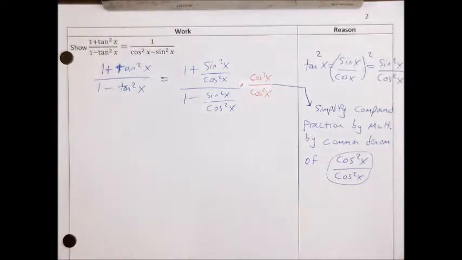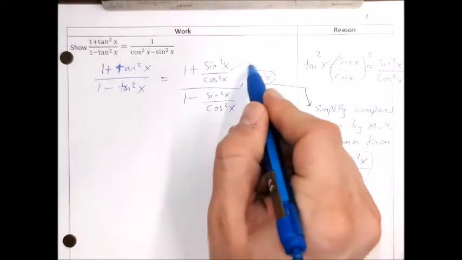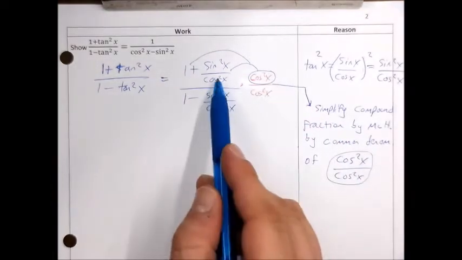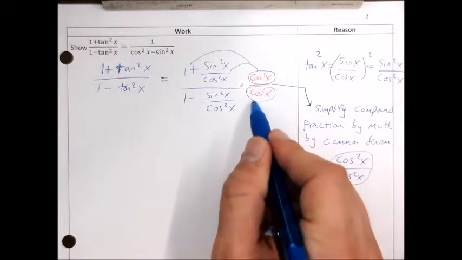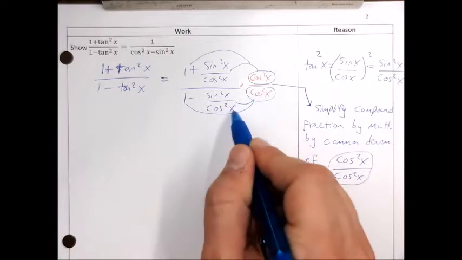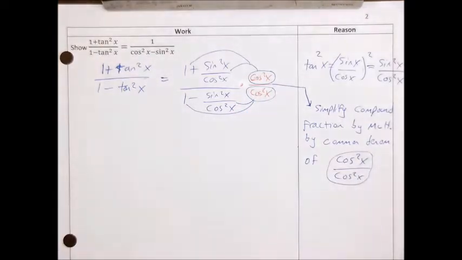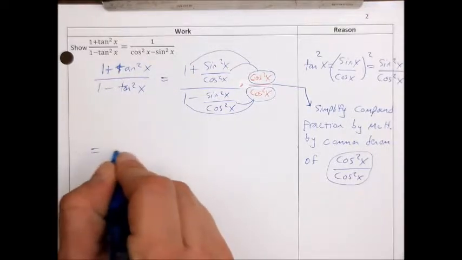But when you do this, the cosine squared in the numerator multiplies both the terms in the numerator, and so those two things will cancel. And then the cosine squared will multiply both terms in the denominator, and those two denominators will cancel as well. Right, so we'll end up canceling out the denominators, getting this following expression here.